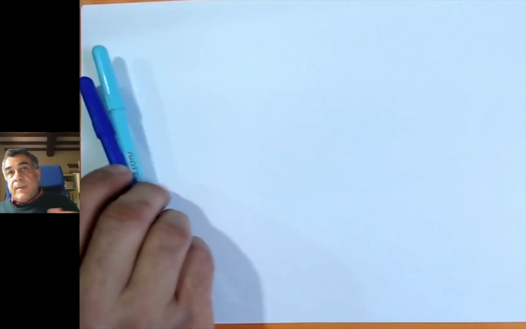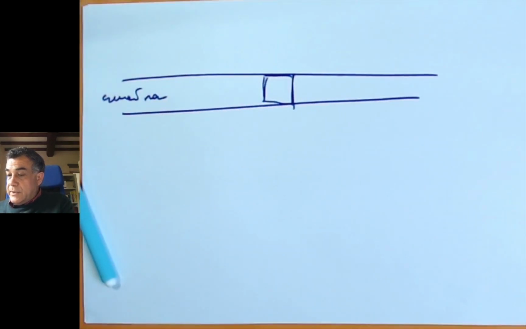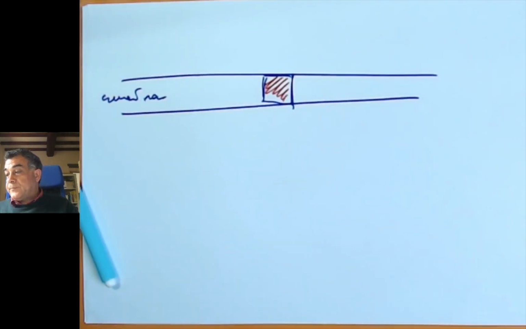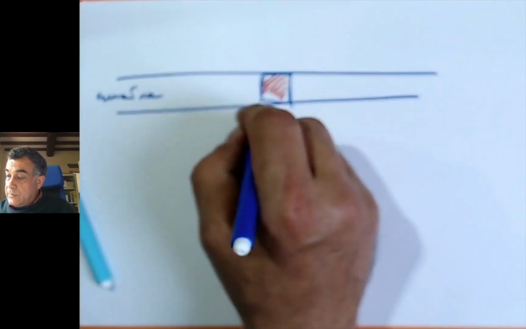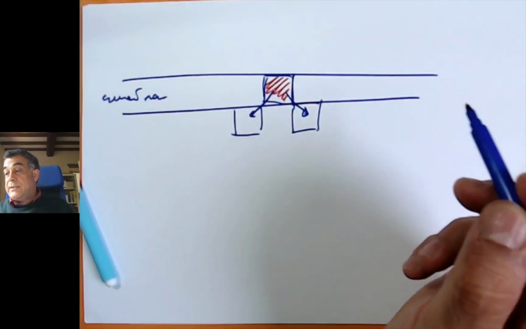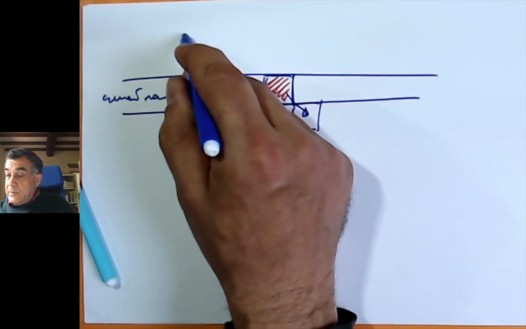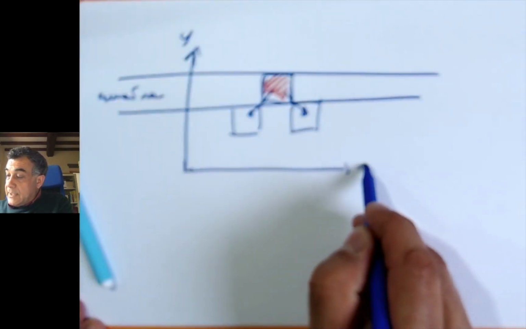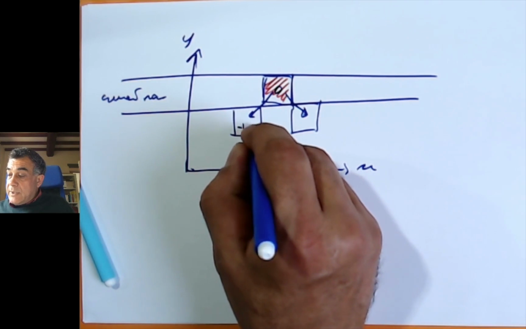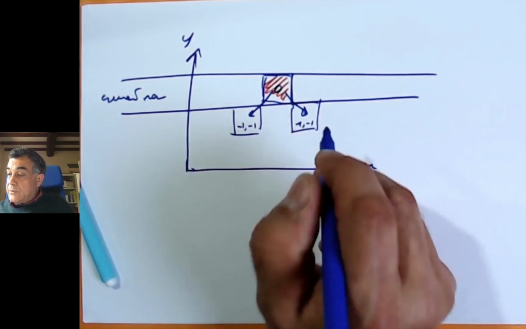I mean that if this is the current row, and this is one of the patches with color equal to red, then it tries to communicate to these two other patches that, since this is the y direction and this is the x direction, they have with respect to that coordinates -1, -1, and 1, -1.